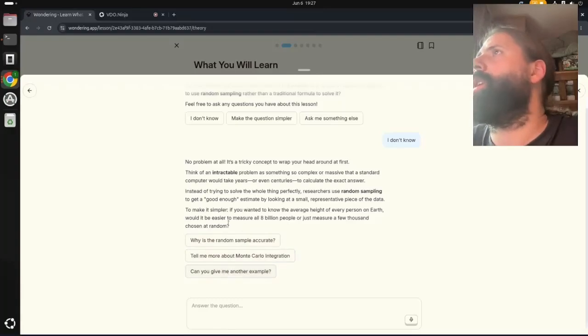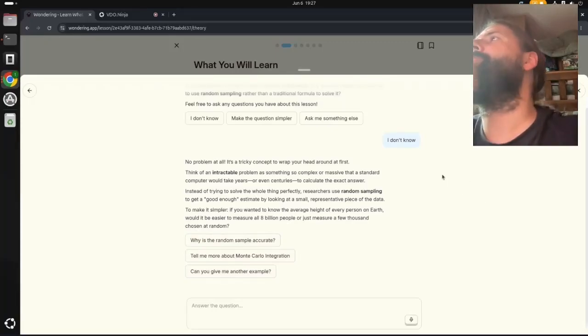Okay, so you can actually explore these a bit. I mean, I like this. This is interesting, yeah. I think that's an interesting feature. Why is the random sample accurate? Tell me more about Monte Carlo integration.